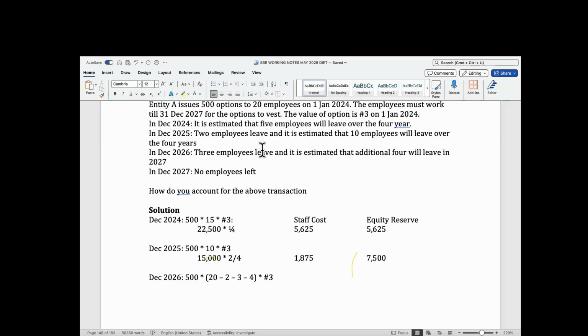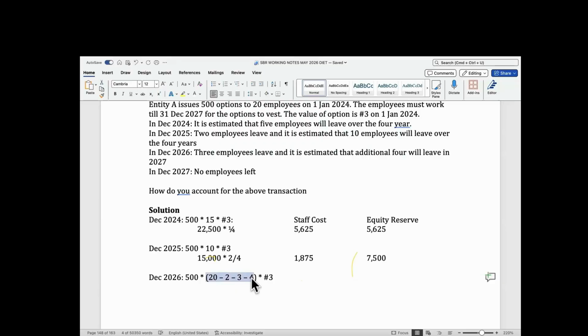The reason is because of the way this is structured. They gave us estimates that additional 4 will leave in 2027. They only give us estimates for next year. If they had said it is estimated that 4 will leave over the 4 years, I will only consider 4, meaning 16 will remain.